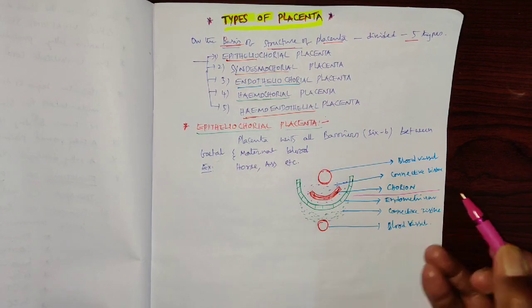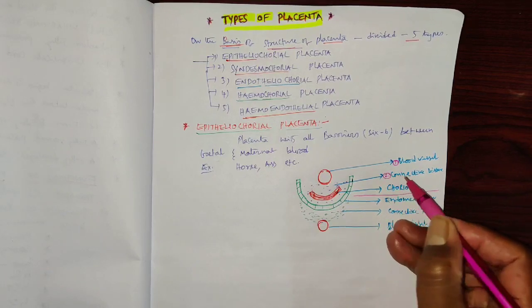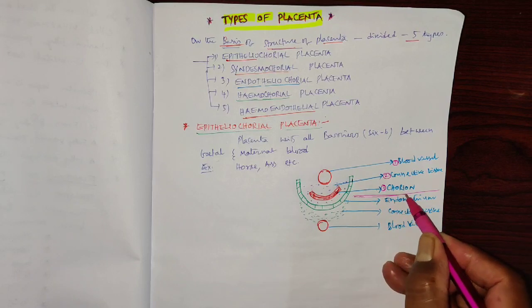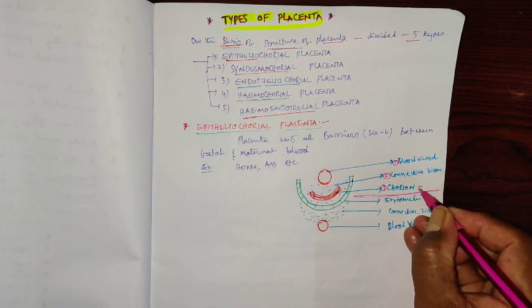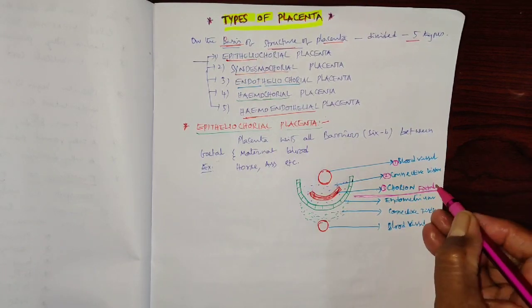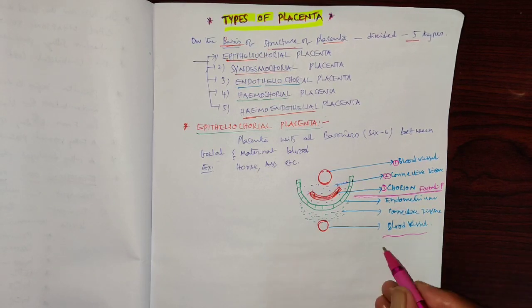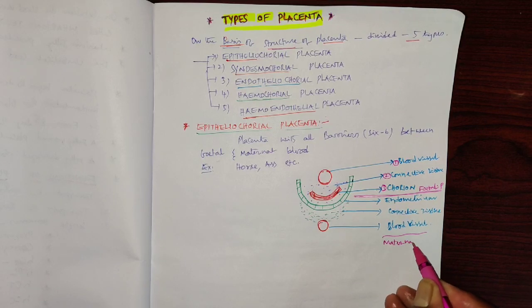So till chorion, that means blood vessel, connective tissue, chorion, these all belong to the fetal part, and these belong to the maternal part.